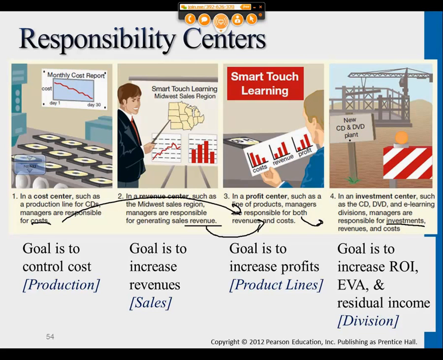And then the fourth, which is an investment center, because my goal is to increase both the ROI, EVA, and the residual income, I will give the better review if it's greater than what I budgeted, right? Again, I will be comparing my budgeted with the actual numbers and make a distinction whether or not my managers are performing well.